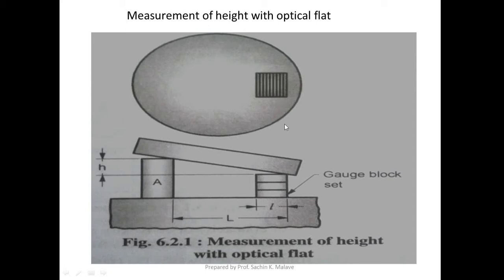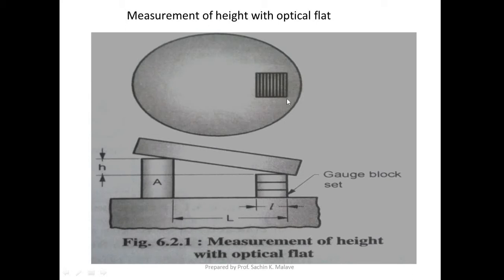Accordingly, we can find the height difference between this gauge block set and this optical flat, and that height difference is n lambda by 2, where lambda is the wavelength of that monochromatic source of light and n is the number of adjacent black fringes.